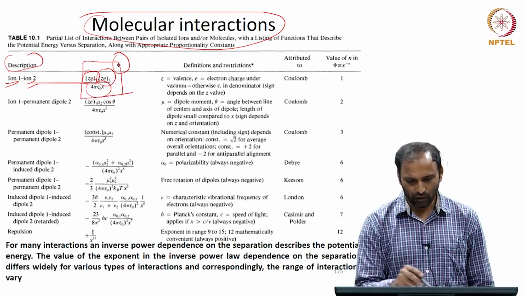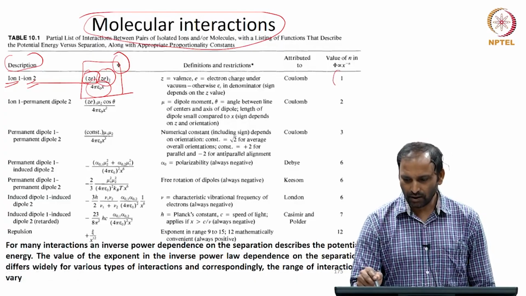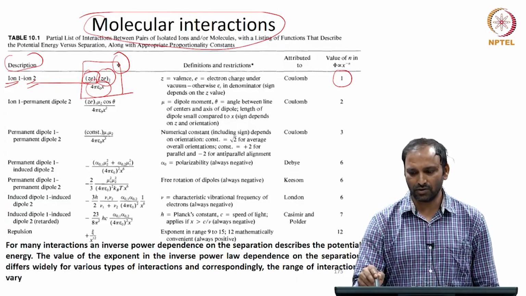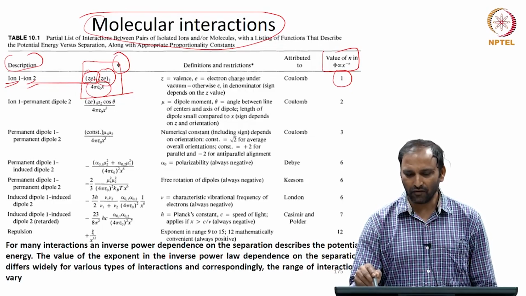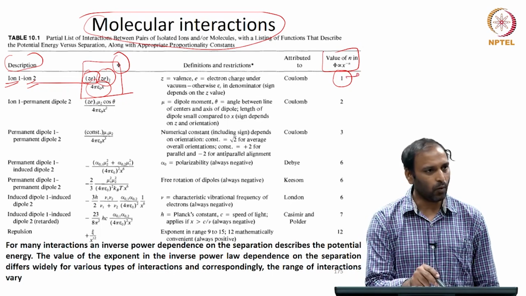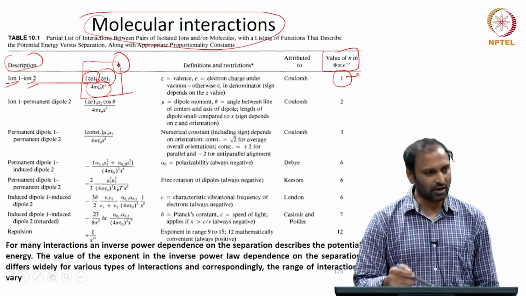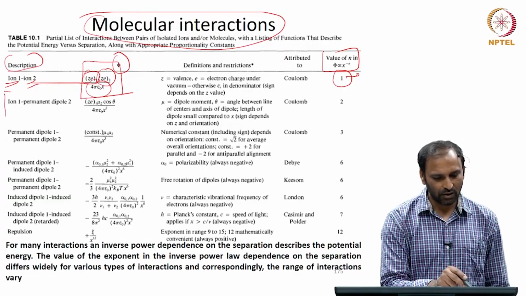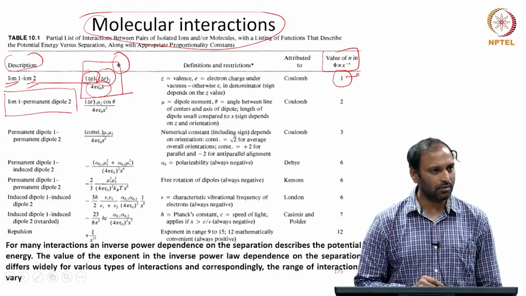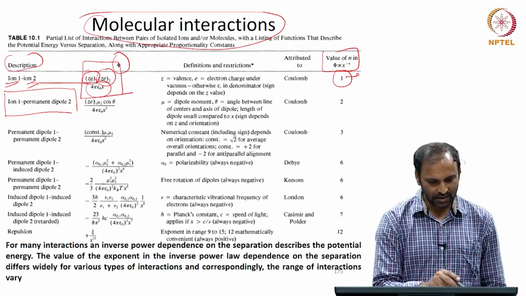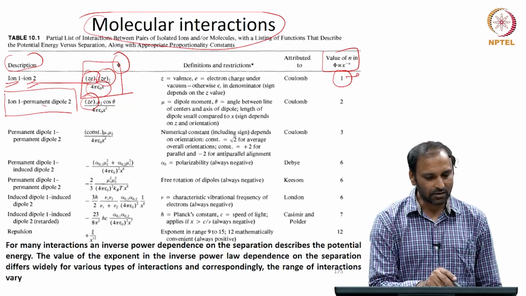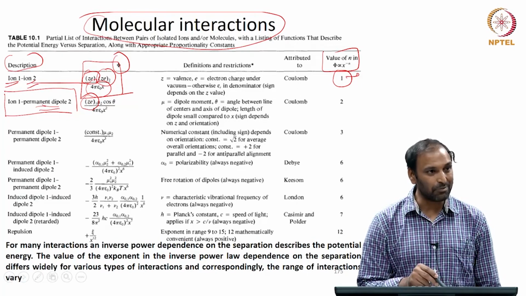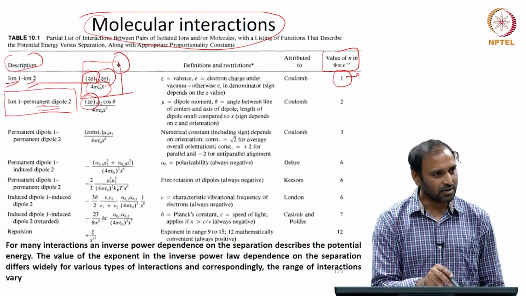And so this goes as 1 over x. The general form is phi going as x to the power minus n, and for this case n is 1 because you have 1 over x here. Similarly, you can think about the interaction between an ion and a dipole. In this case, the ion will have a charge Z1e, and mu 2 is the dipole moment of dipole 2.